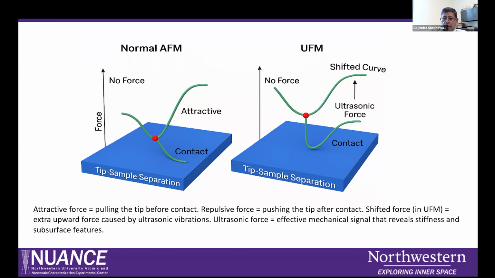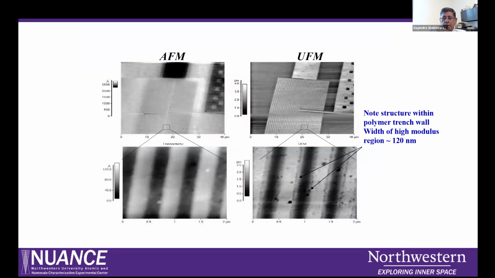So that ultrasonic force allows the probe to indent much harder on the surface without deforming the probe, and you can extract the mechanical properties. This is an example that we published in 2000. You can see metal-polymer trench structures. On the top left is the atomic force microscope image, with alternating aluminum and polymer trenches.